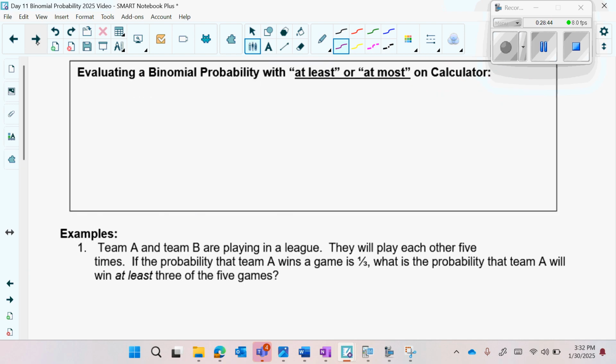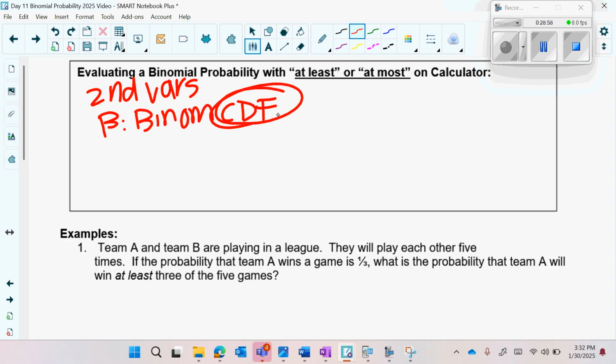And we are going to go over in class how to do the other ones because this video is getting too long. So I just want to mention, let's write this down. Second bars, B, binomial CDF stands for cumulative distribution function. It's going to give you the area less than or equal to the number, okay?